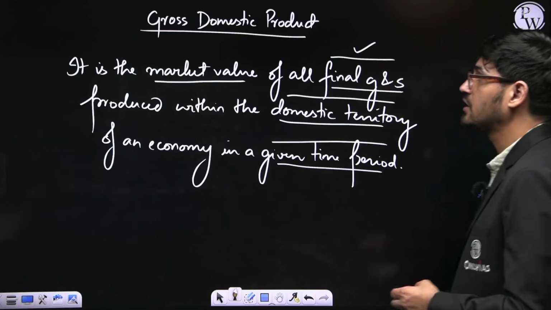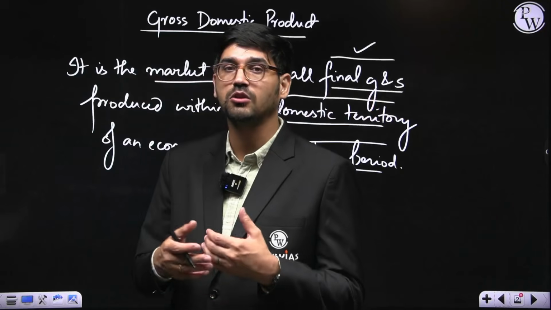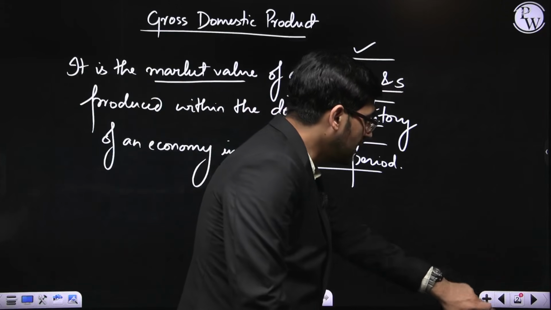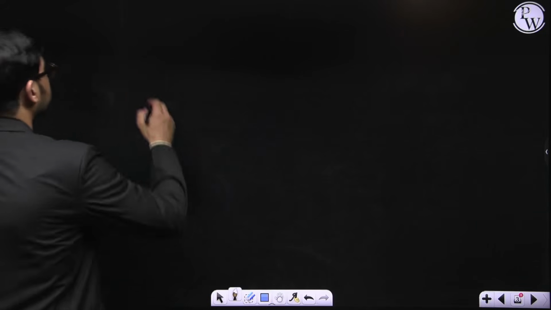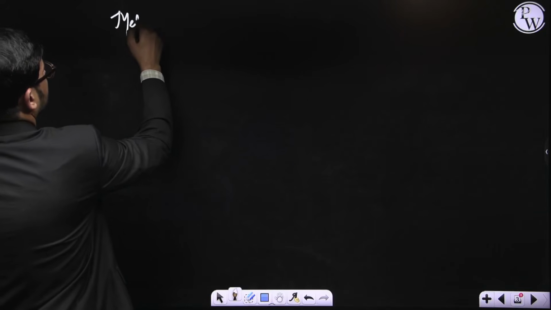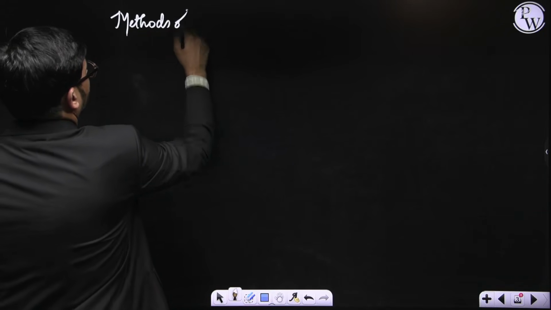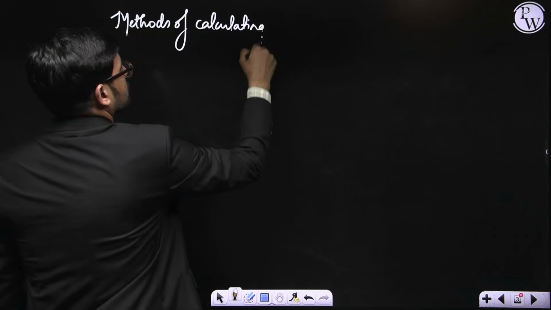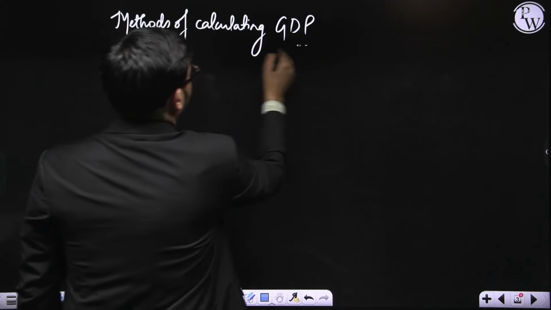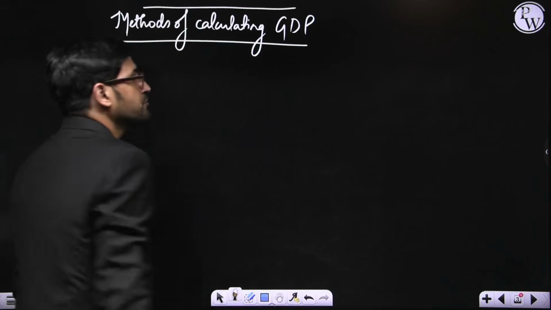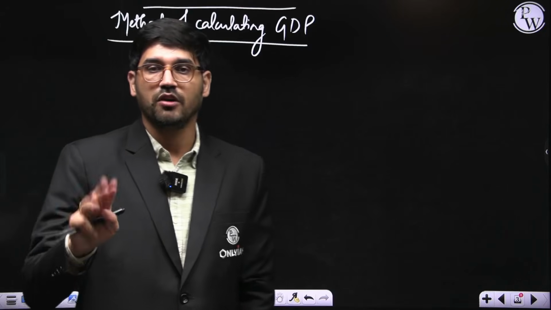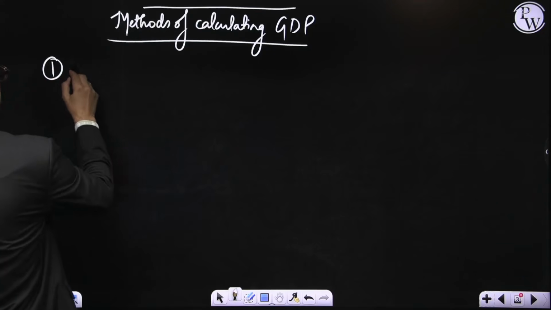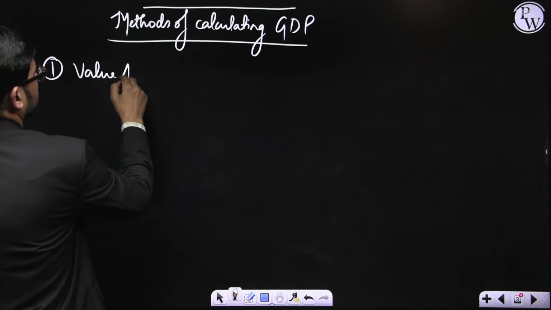Once you have understood what is meant by the gross domestic product of an economy, thereafter we will have to understand the various methods of calculating the GDP of an economy. There are three methods of calculating the GDP of an economy. The first method is called the value added method.